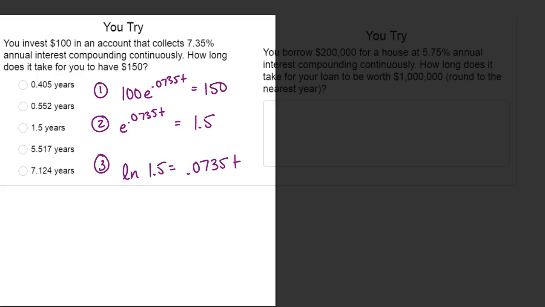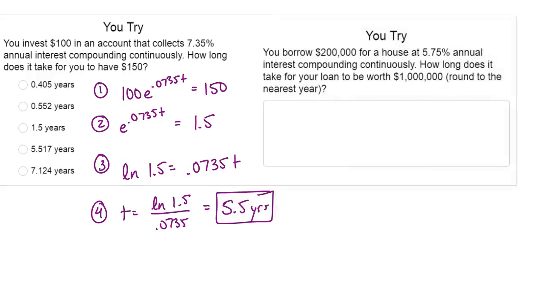But a log base e, remember, is a natural log. So it would be the natural log of 1.5 equals our exponent of 0.0735 times t. Now all we have to do to solve this is divide both sides by 0.0735, giving us the natural log of 1.5 divided by 0.0735, or 5.5 years. So that's how you can do that problem.